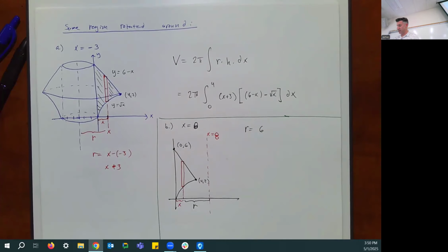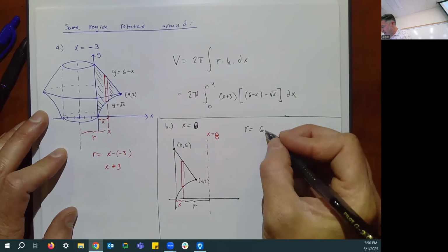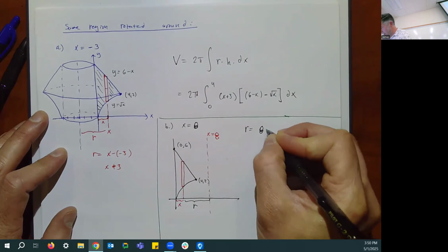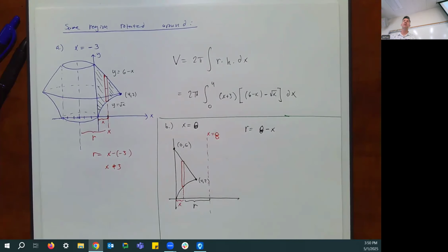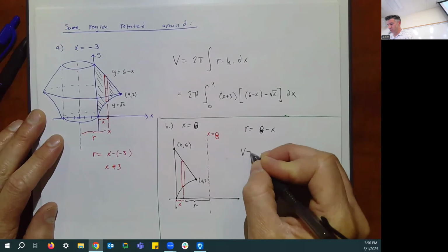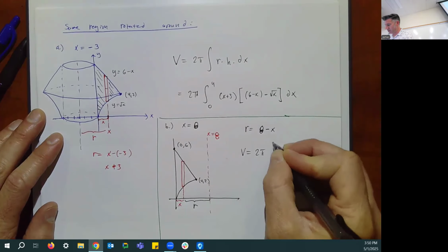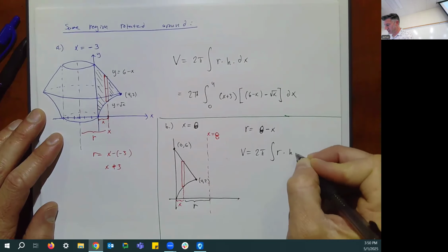So now the radius of my cylindrical shell is going to be 8 minus x. And the order of subtraction is important here. 8 minus x is positive. x minus 8 would be negative, and you would get a negative volume if you subtracted in the wrong order.